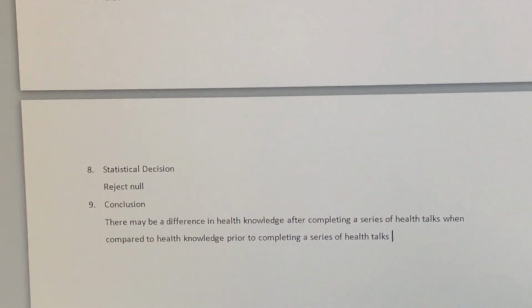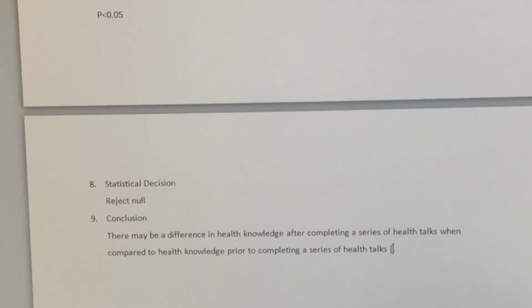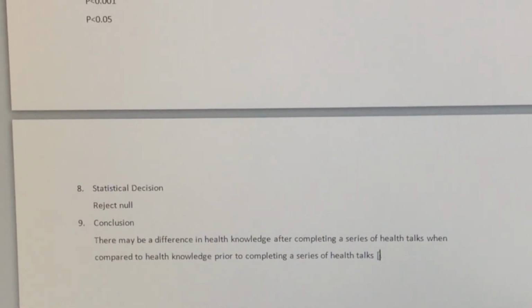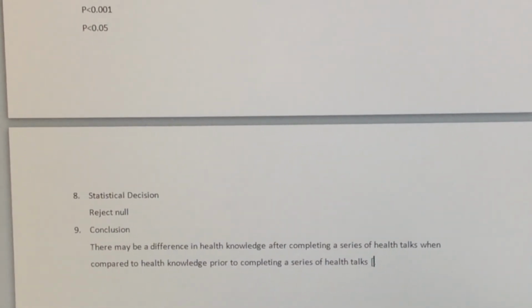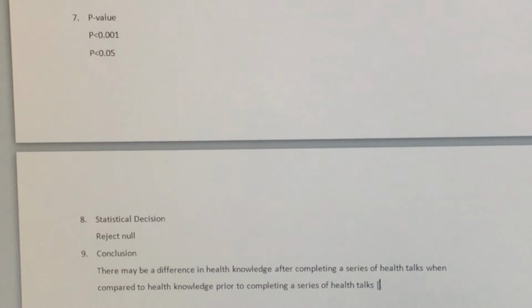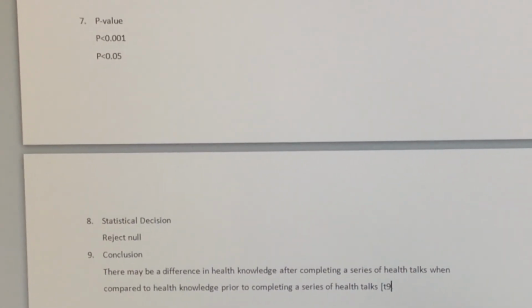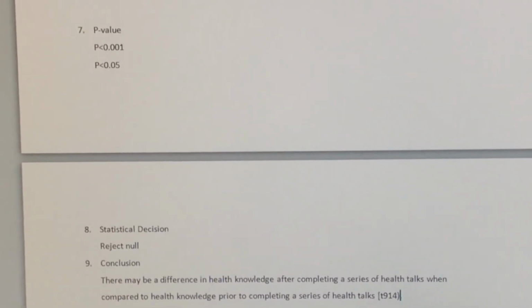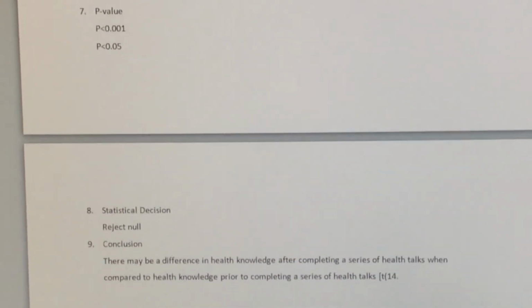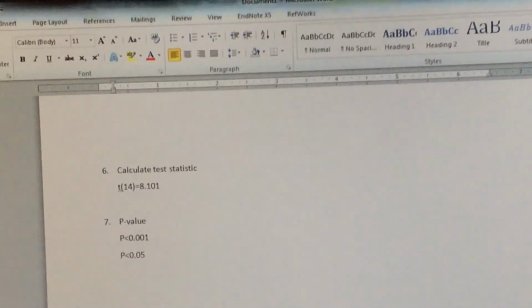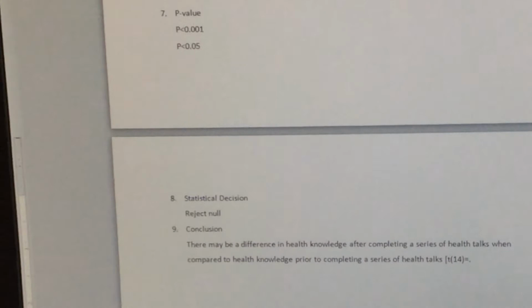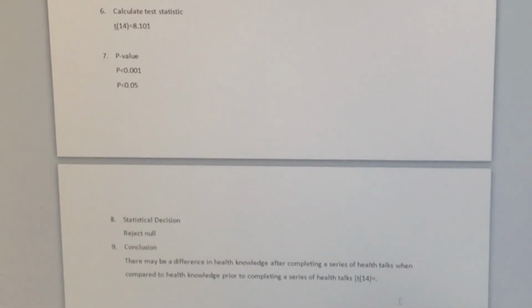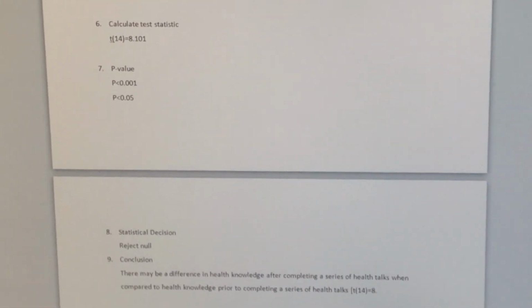And you always want to include your statistics to substantiate this conclusion. If you read this to Dr. Sleining or myself, we would say, so why do you think there's a difference? And so these statistics that we put in here help us to know why there is a difference. So we've got our degrees of freedom, and we're just pulling this straight from right here where we've entered it in step 6, is equal to 8.101.